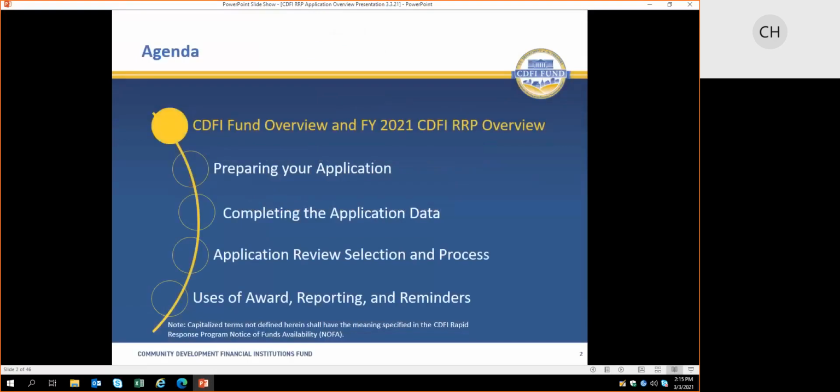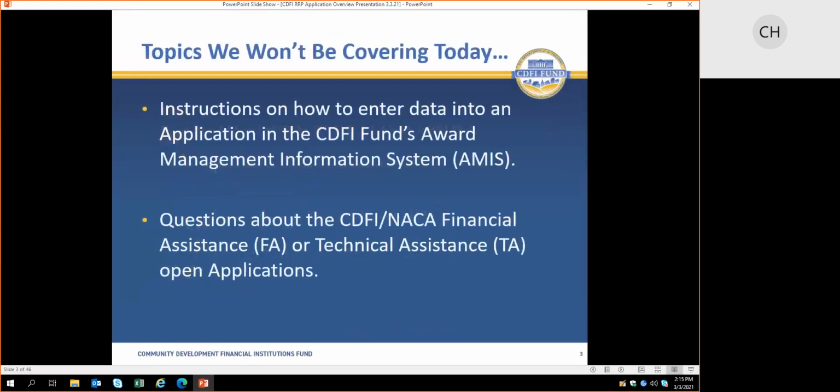And from there, this is just a quick agenda of the items that we'll be covering today. But a couple of things we won't be covering today are instructions on how to enter data into an application in AMIS, or questions about the CDFI and NACA program financial assistance or technical assistance open applications.